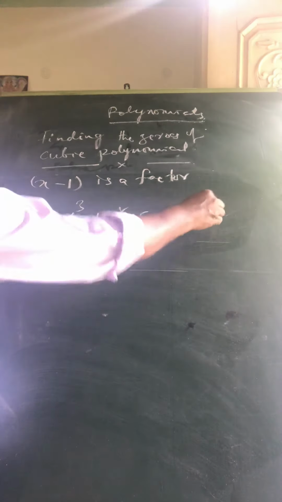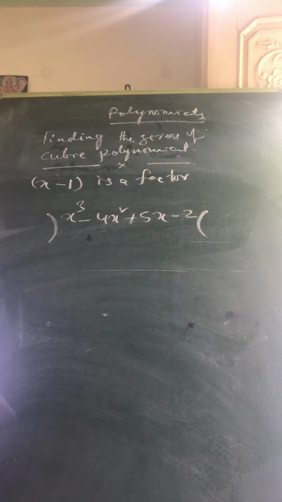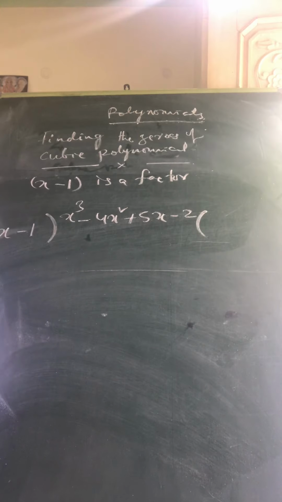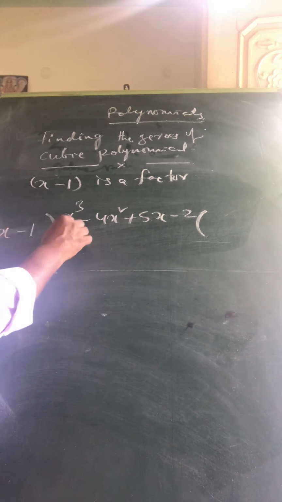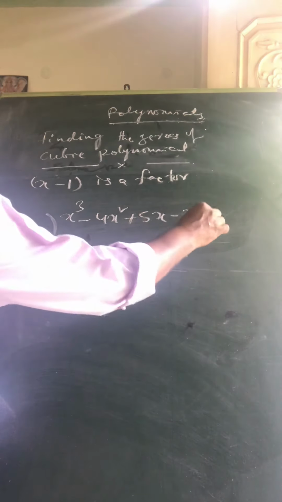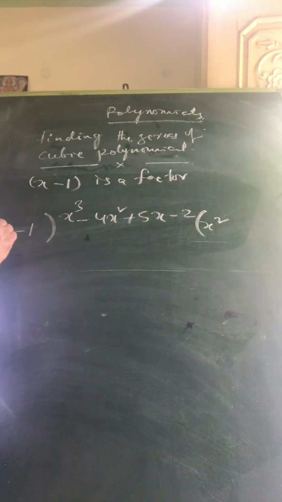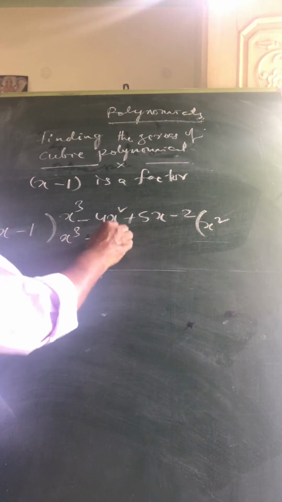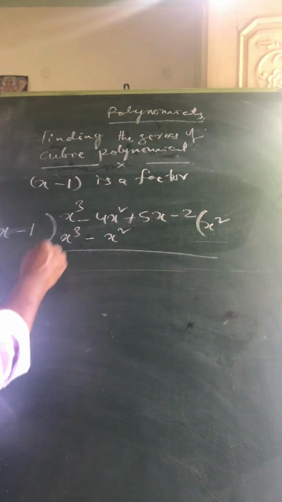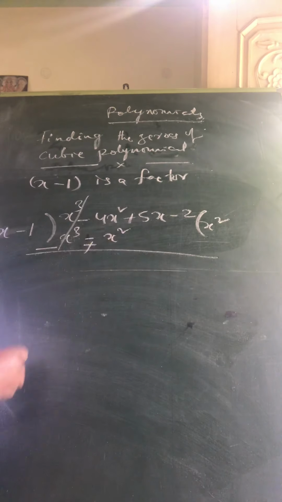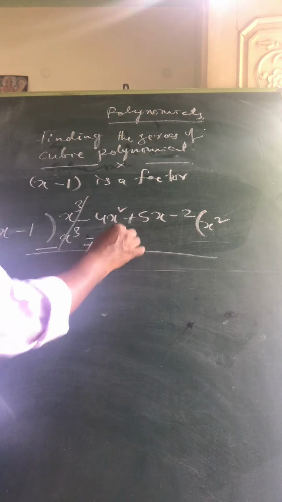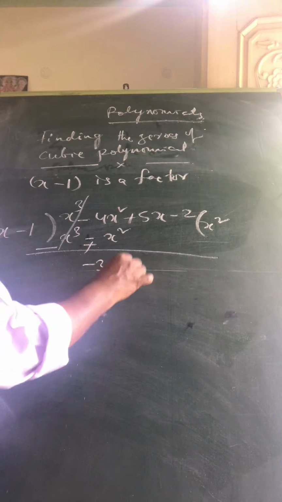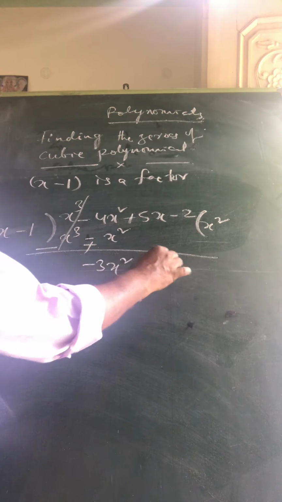Now x cube minus 4x square plus 5x minus 2 divided by x minus 1. Now x cube is there, so it should be x square times: x square into x is x cube, x square into minus 1 is minus x square. Now minus plus cancel, minus 4x square plus x square is minus 3x square, plus 5x.